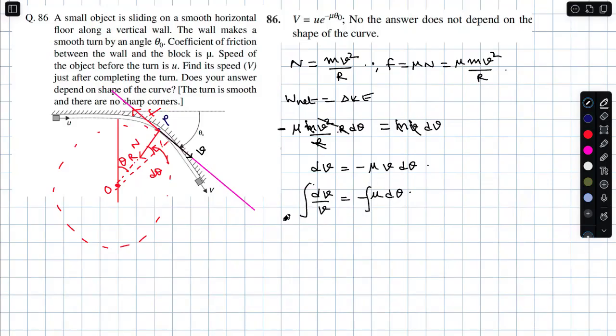Here you projected with initial speed, say some v naught. At some instant, the velocity is v. The speed of the object before the turn is u, you said.